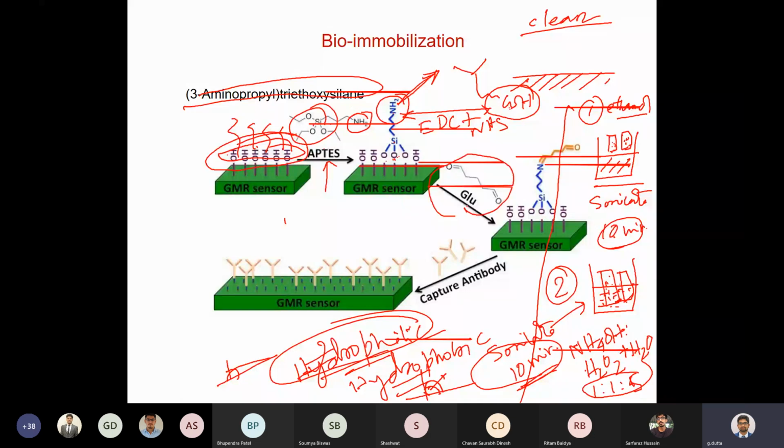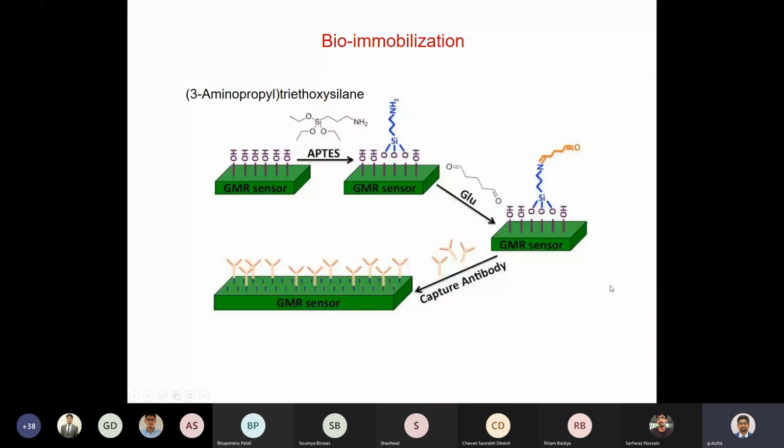This is called an aldehyde group. These two aldehyde groups can react easily with the amine group, so an amine and aldehyde group reaction will take place.